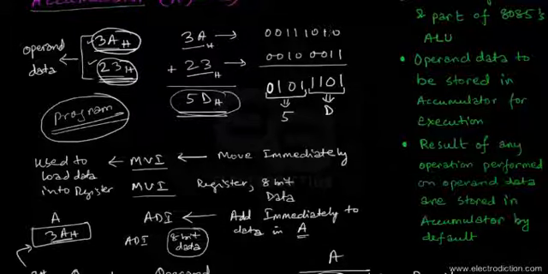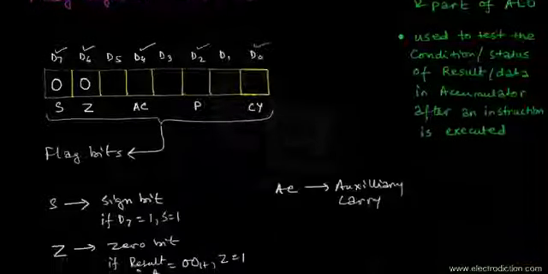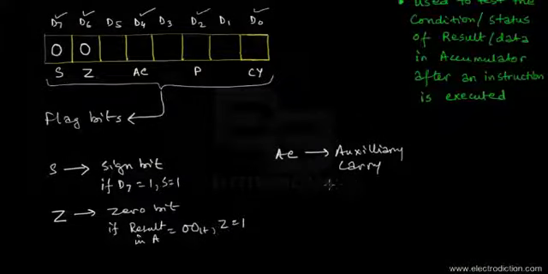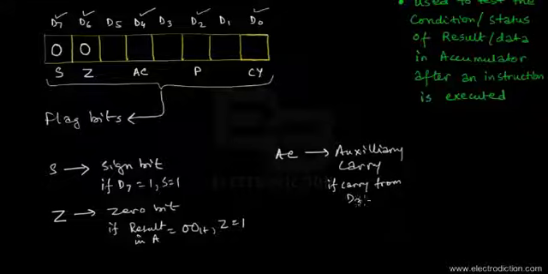Let's put the positions once again: D0, 1, 2, 3, then D4, D5, D6, and finally D7. So if we have a carry from bit D3 to D4, then only the auxiliary carry bit will be set. So if there is a carry from D3 to D4, then the AC flag will be set.